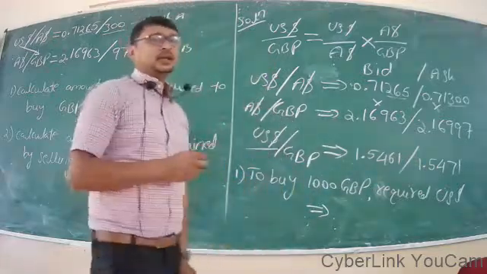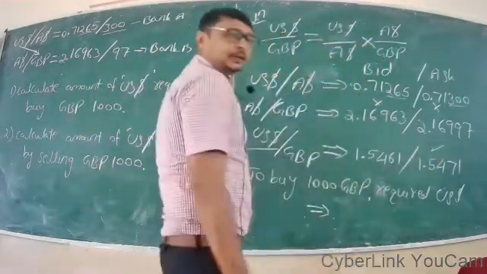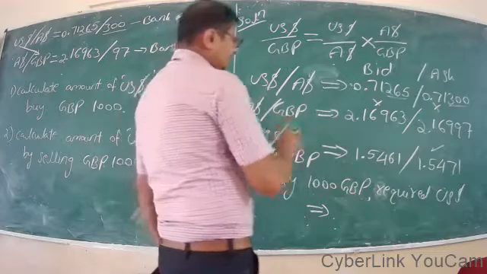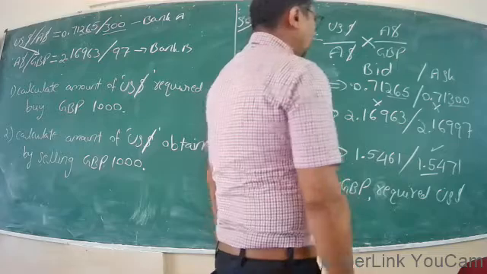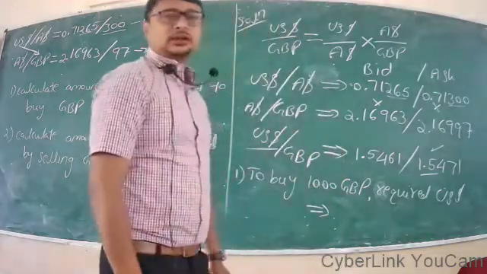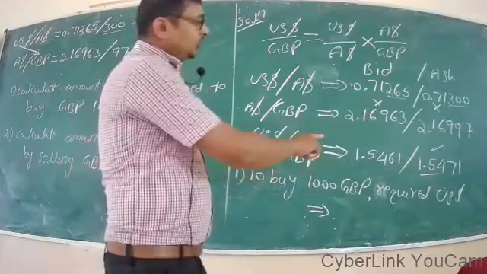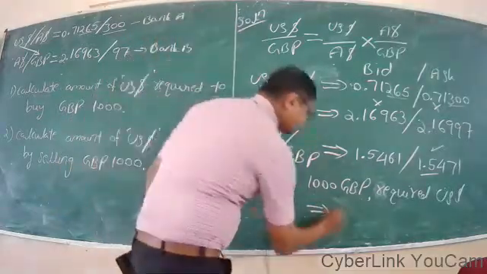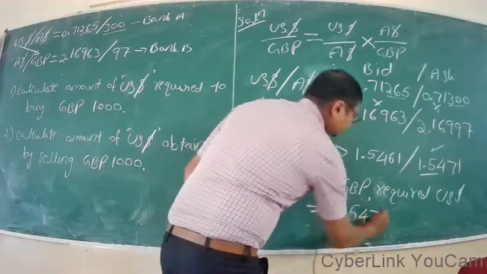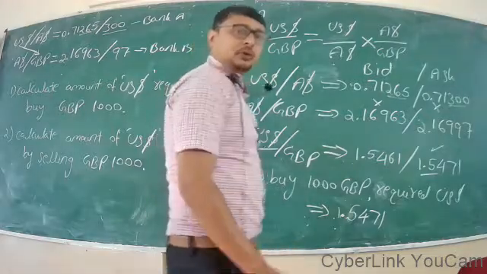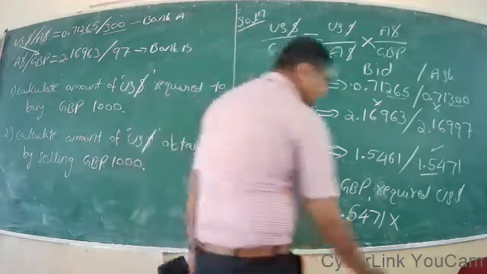So while buying, the applicable rate is the ask price of the banker, right? So that is US dollar per pound. We have to pay 1.5471 US dollar to buy a single unit of sterling pound. We have to pay 1.5471 per pound, but they are asking to buy 1000 pound.